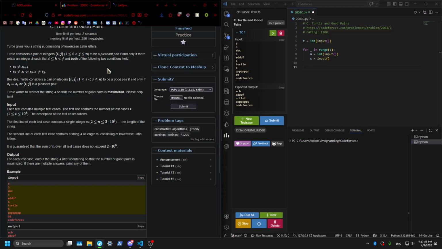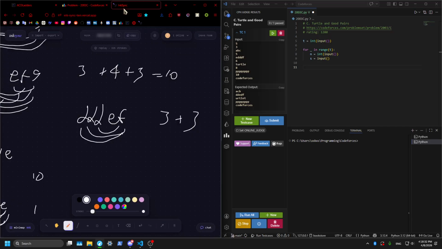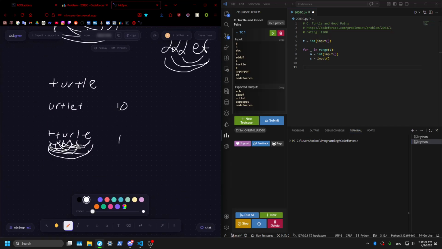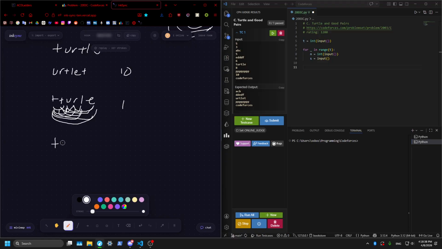Okay, I don't understand turtle at all. Am I misreading the question? sk cannot equal sk plus 1. Which means we cannot have adjacent pairs. But this says we can have adjacent pairs. Shoot, is that why? Turtle. I might be tripping with this.